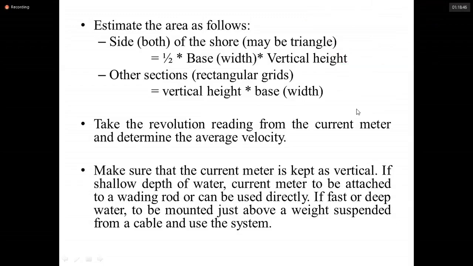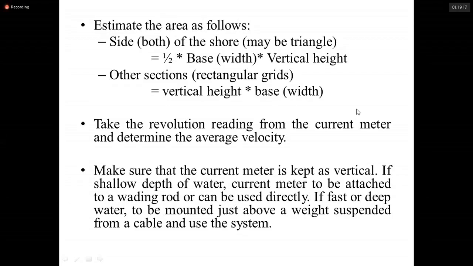Then we need to calculate the velocity. Take the revolution reading from the current meter and determine the average velocity. The current meter is used to measure the velocity. If we insert the current meter at a particular depth, it will give the revolution reading: per second, how many times it rotates.